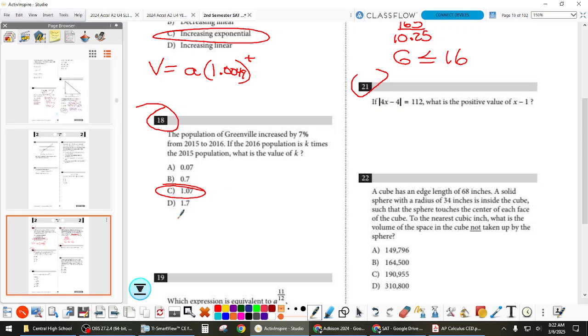It goes back to the same idea. I want you to think about P being population. So P times 1, that's the population from the previous year, plus 0.07, that's the 7% growth on that population from the year before.